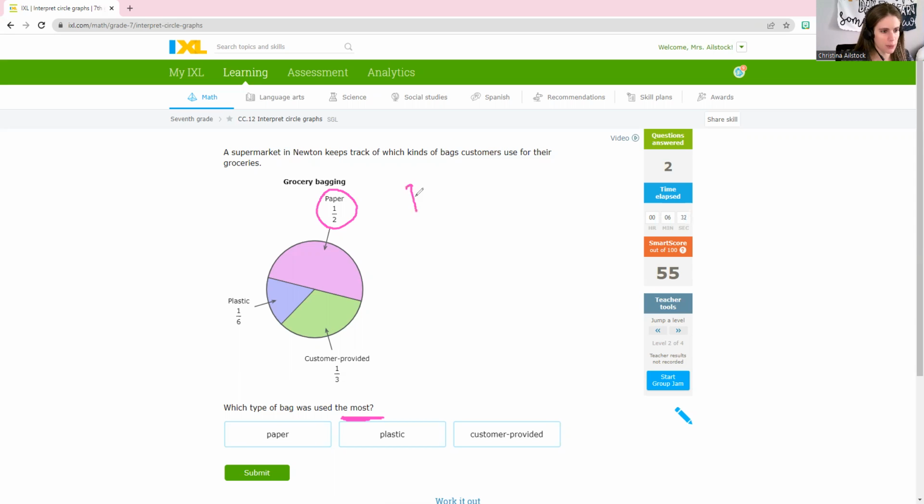So we have paper here with 1/2. And then we have plastic, so I'll make that PL for plastic at 1/6. And then we have the green one, which is customer provided at 1/3.